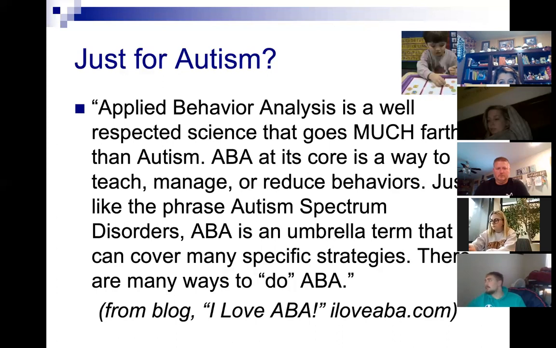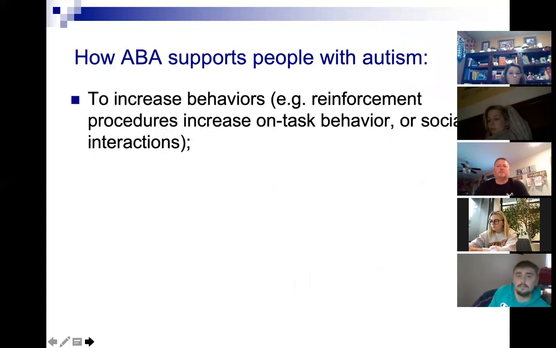So it isn't just an autism thing. If you're doing PBIS in your building, that is grounded in ABA methodology. I should also say it's used in addiction treatment, trauma treatment, all kinds of different interventions use ABA or ABA methodology.